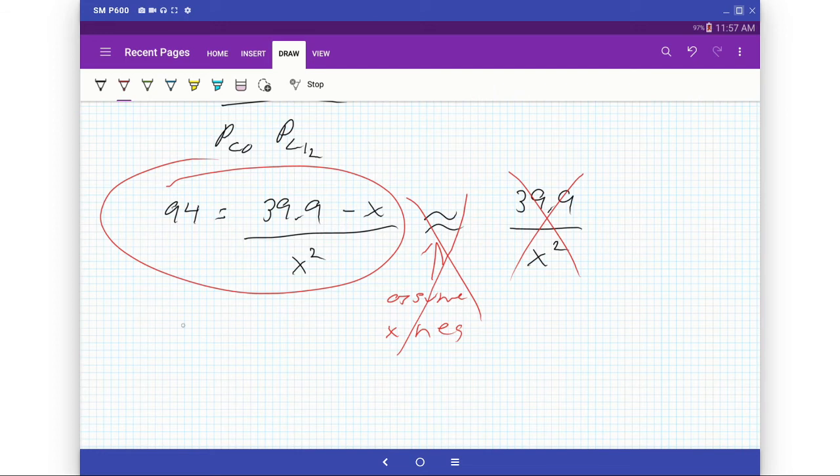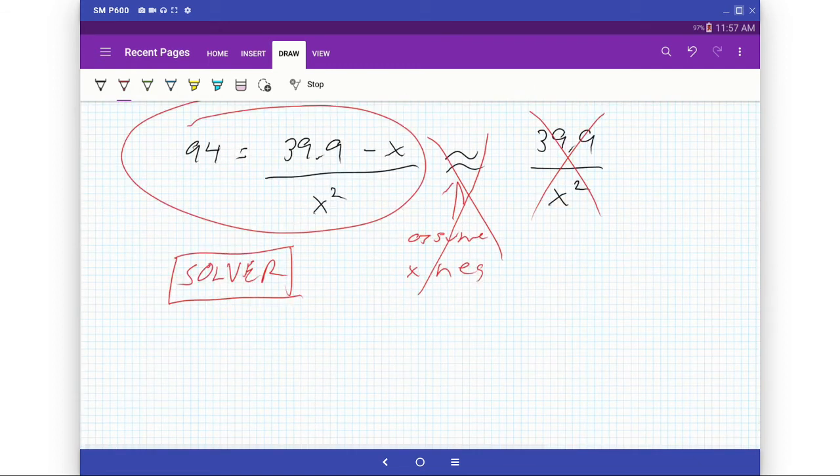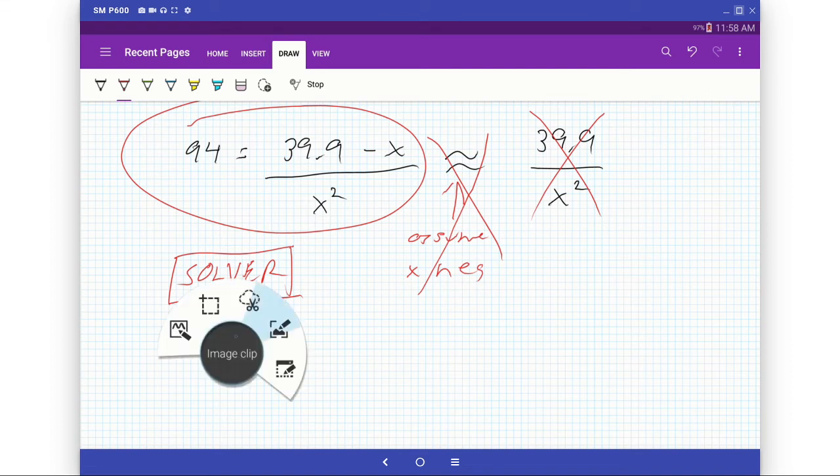So we are going to look at different solver options. Now, if this was a normal face-to-face class, I would expect you to have a calculator that could do solver functionality because I would give you these things on an exam. So some calculators have this functionality.